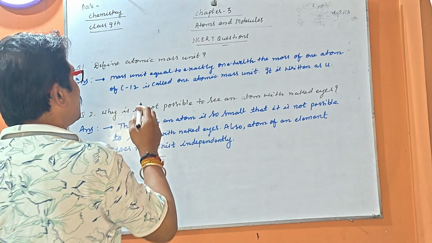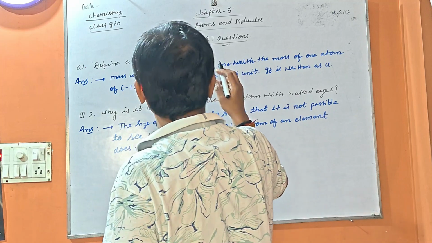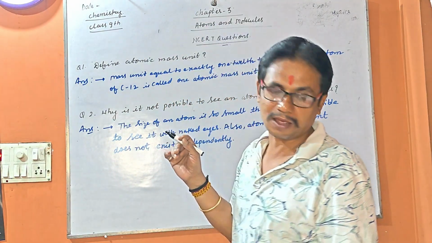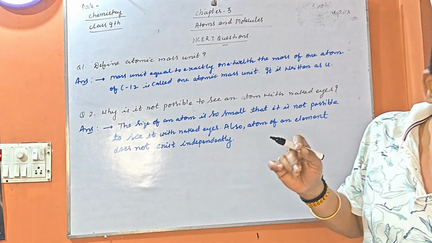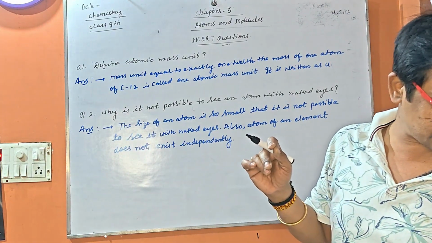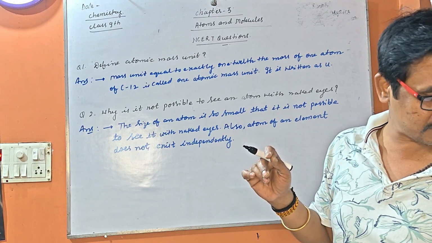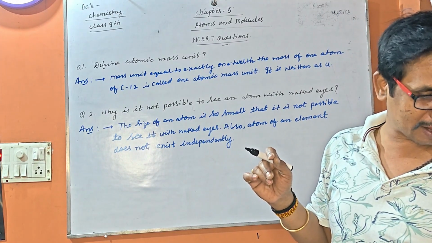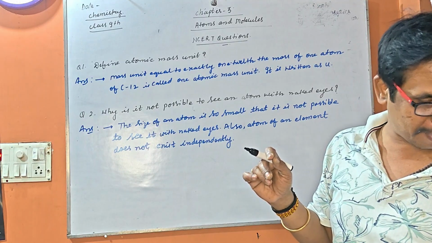Let us discuss chapter number 3, Atoms and Molecules. We already discussed the relative atomic mass. Gram atomic mass. How do atoms exist? Before that, difference between atoms and molecules. Types of molecules, atomicity, molecules of compounds, molecules of elements. What is a molecule? Properties of molecules.